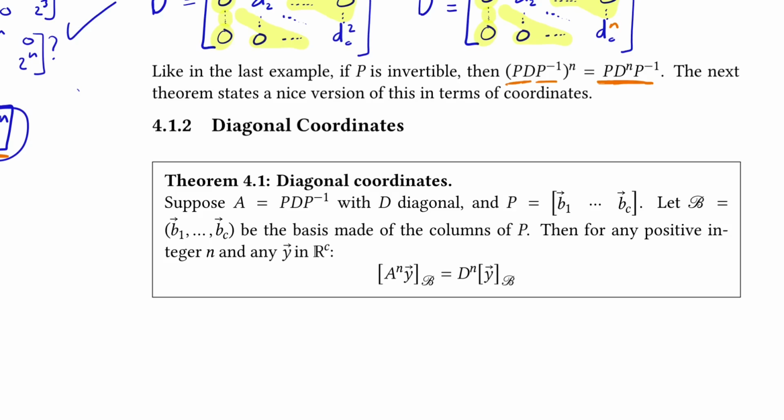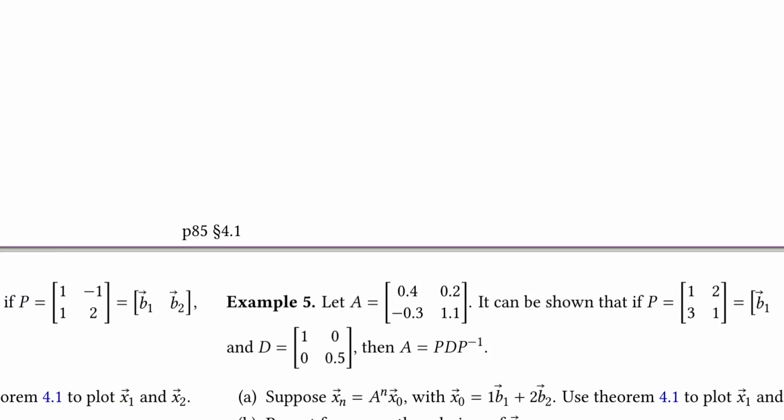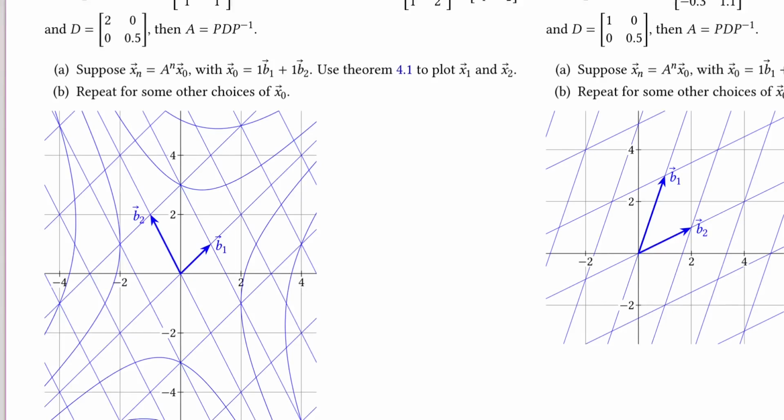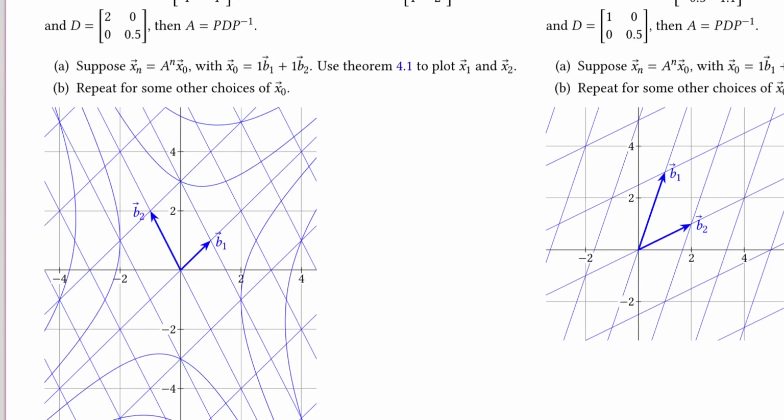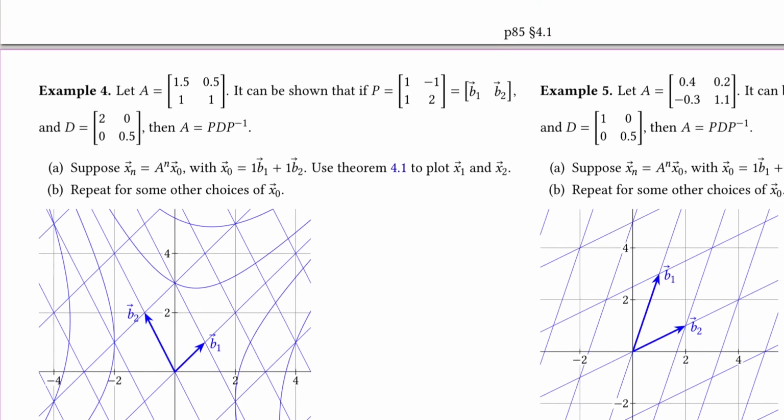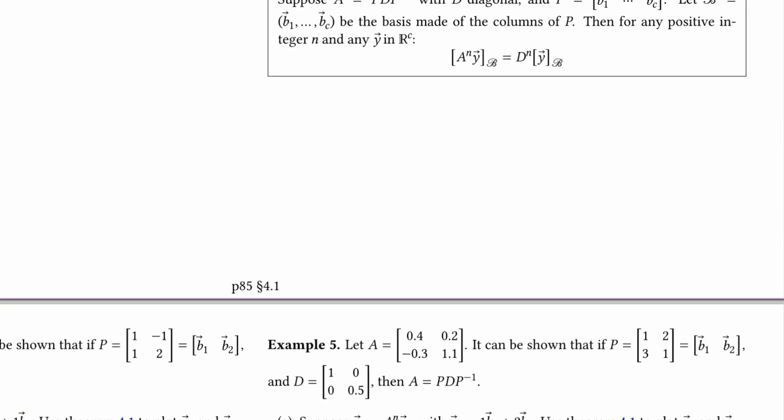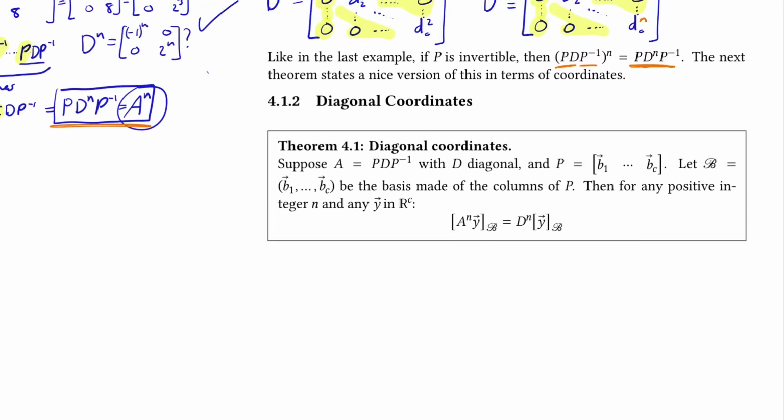And that's what the next theorem's going to do. This is going to give us a nice way to think about how raising a matrix to powers works in terms of the grid made by a basis whose columns are the columns of this invertible matrix P. But we'll get to that in the next video.